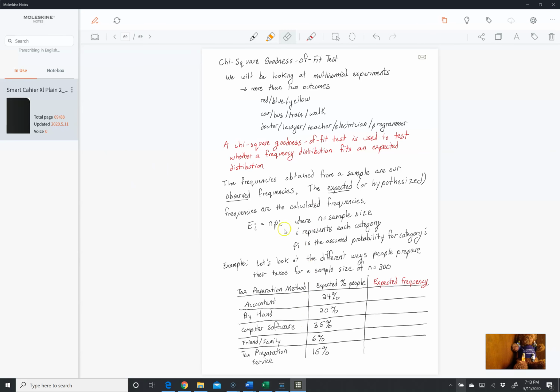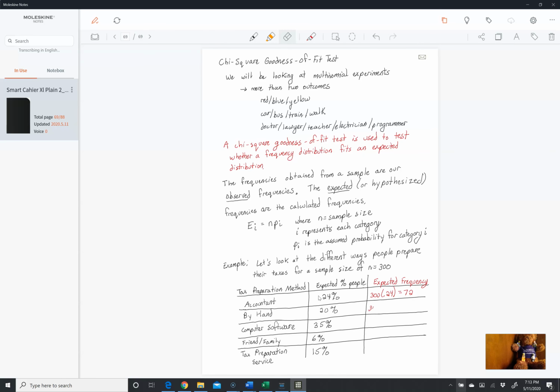Well, how do we do this? We take 300 and we multiply it by the probability of that category. So the probability of the category is the percent, but as a decimal, right? Because we have to turn it into a probability. So in this category, it's going to be 300 times 0.24. And if we calculate that, we get 72 people. So we expect out of 300 people, 72 will have their taxes prepared by an accountant.